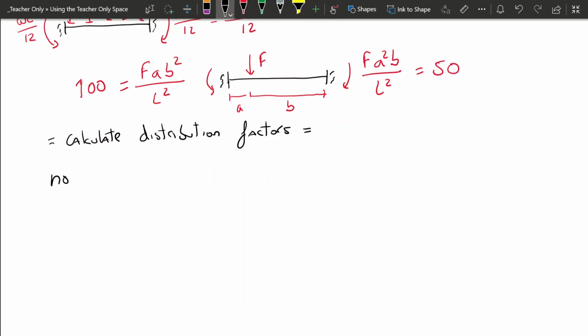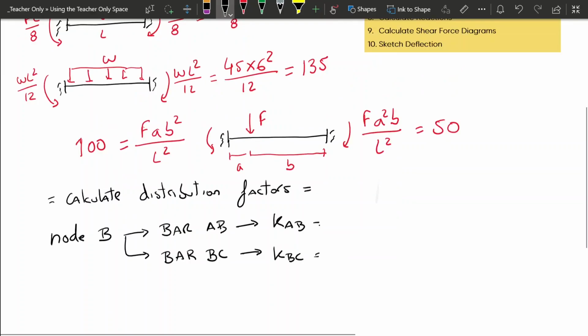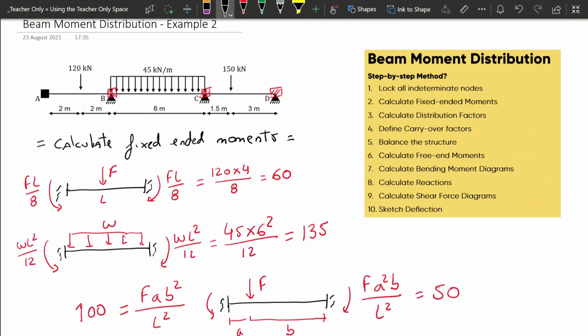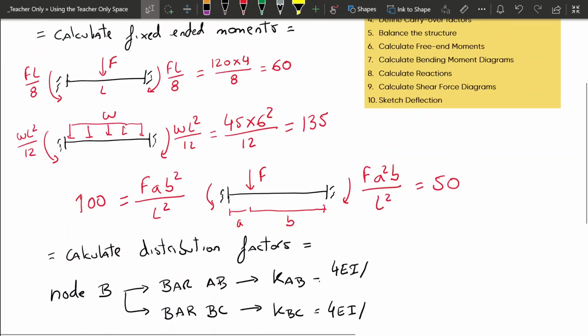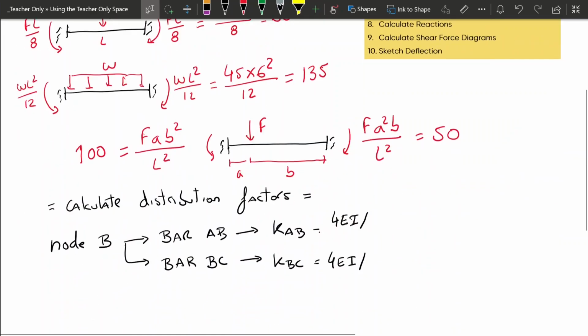For node B, we have two bars: bar AB and bar BC. Their stiffnesses, since both of them are fixed beams, are 4EI over L for both of them. So we just need to check the span of these two beams: one is 4 and the other one is 6.